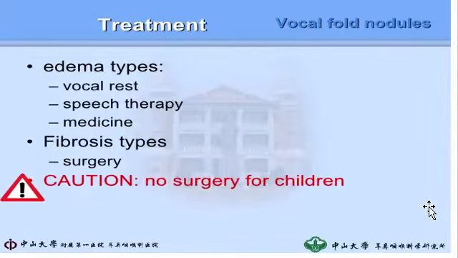The treatment may be with vocal rest, speech therapy, and sometimes medicine. In the fibrous type, we should do the surgery, microsurgery. But the surgery should not be done in children.